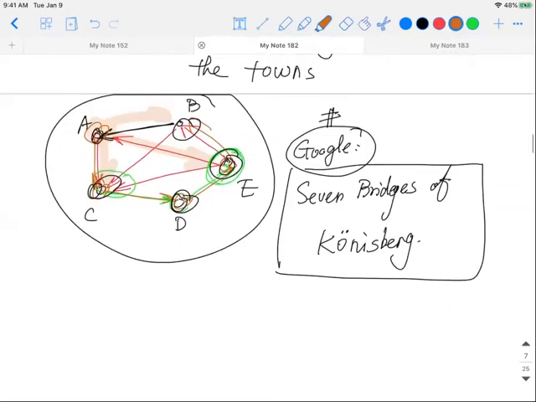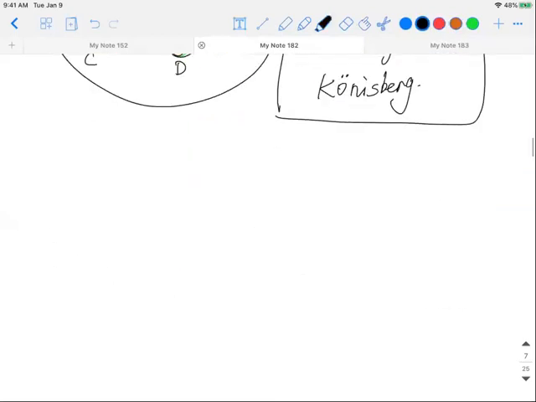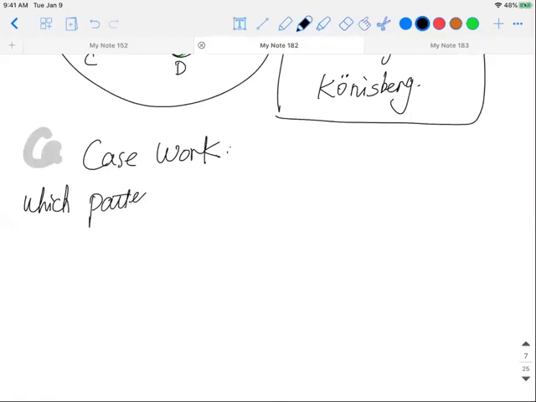Okay, so casework. Our casework starts from here. In my casework, I'm trying to find out which patterns do not work. I'm going to find all the patterns that do not work.